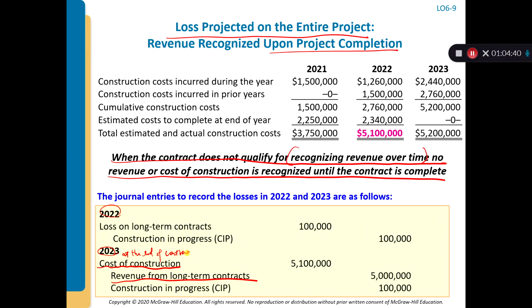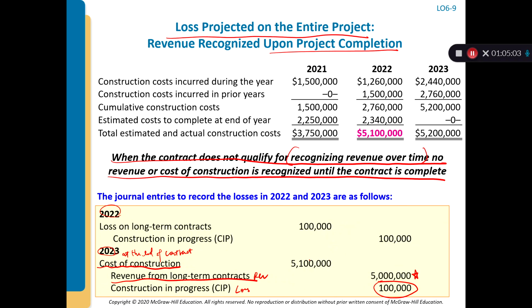So you know that the loss itself is 100,000, and the revenue is definitely the transaction price of 5 million, and then your cost of construction is backed out from this.